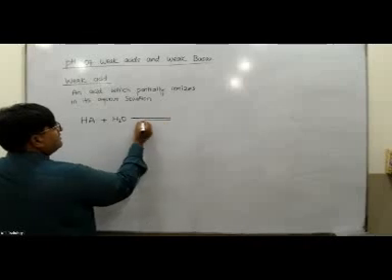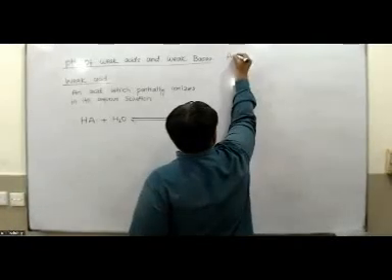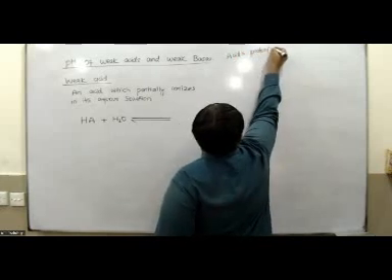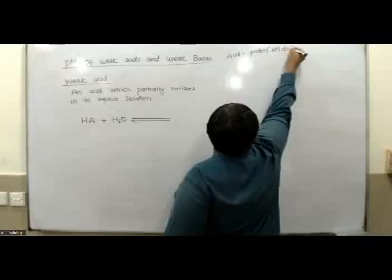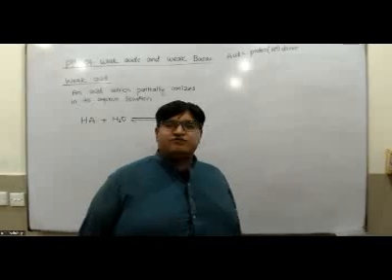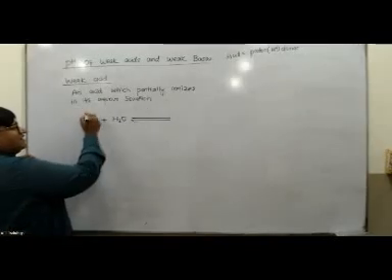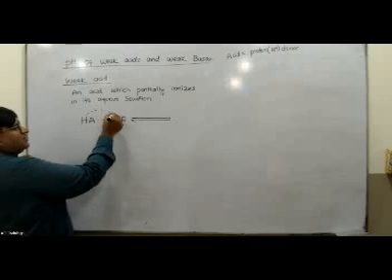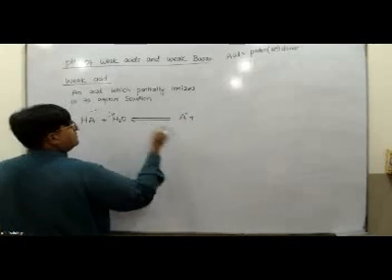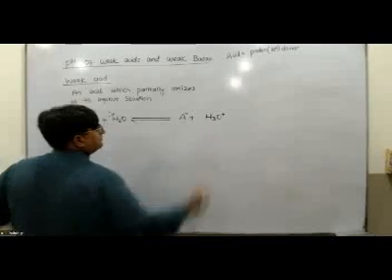You know the definition of an acid: an acid is a proton donor, donating H positive. So HA gives H positive, becomes A negative, and the water gains the proton, becoming H3O positive.